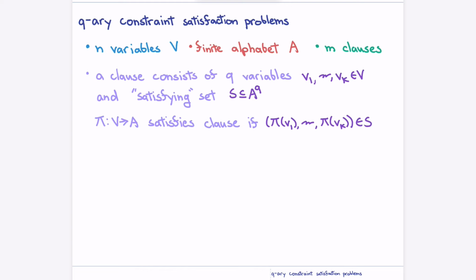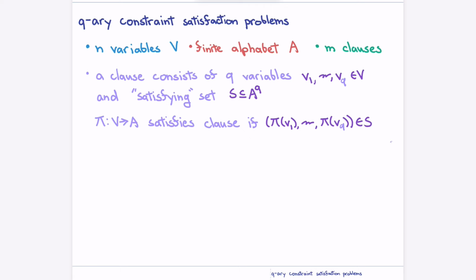A clause will consist of q variables, and a subset of good combinations, the things that satisfy the clause. So this could be some small computer program that does a loop or something. Who knows? Could be a SAT formula.